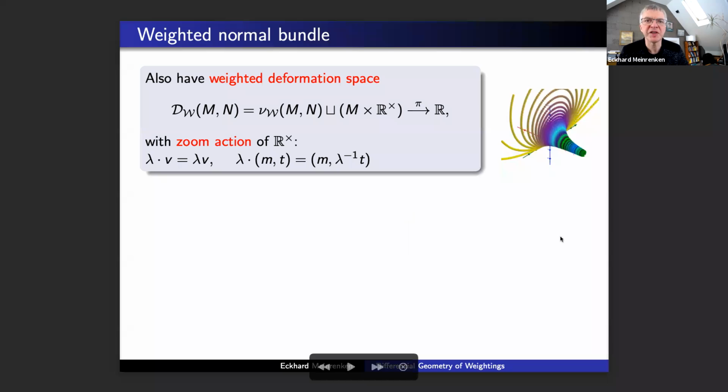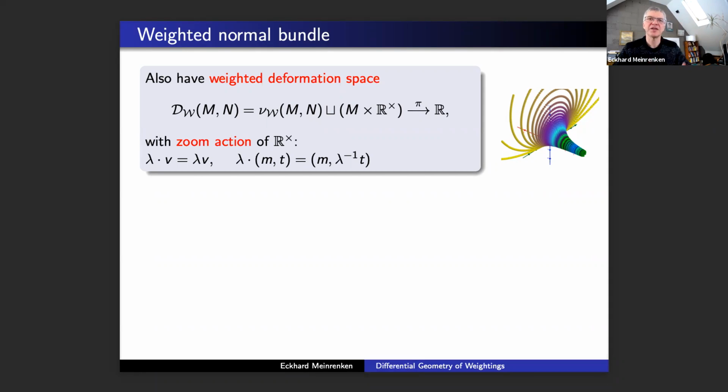This picture indicates the usual deformation space for S^1 relative to a point. I think that's the best I can draw. The weighted normal space I can't really draw, but in any case, this is what it is. It comes with an action of non-zero real numbers, which is important in this context.